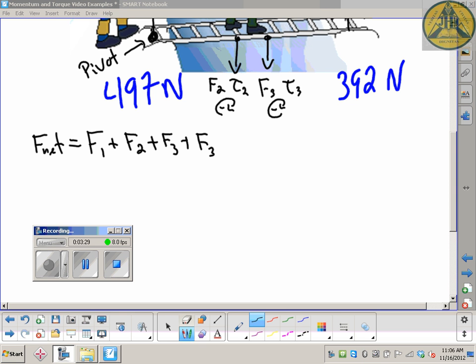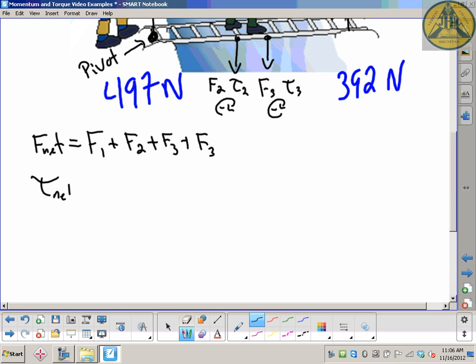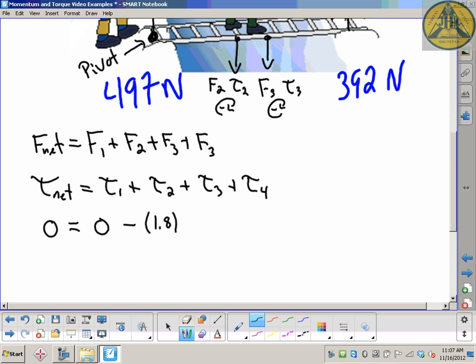So using our net torque relationship, write that down now. It's all the torques added together. So net torque is 0. Torque 1 is 0. Torque 2 is going to be negative, and it's the distance from the edge, which was given to be 1.8, times the force that's acting on it perpendicularly.